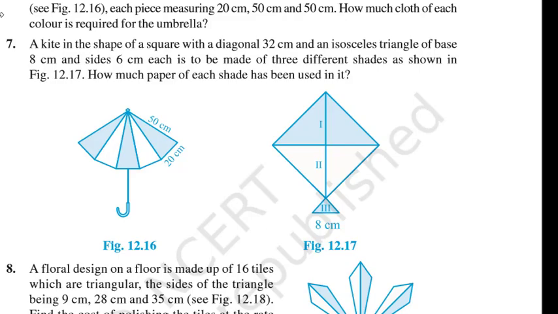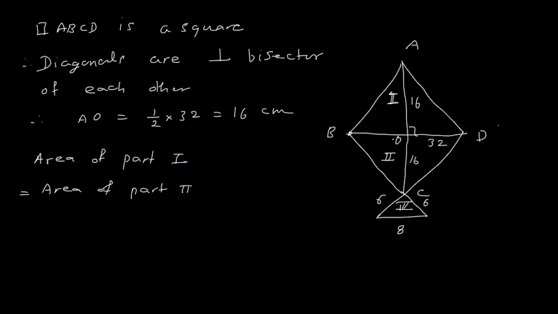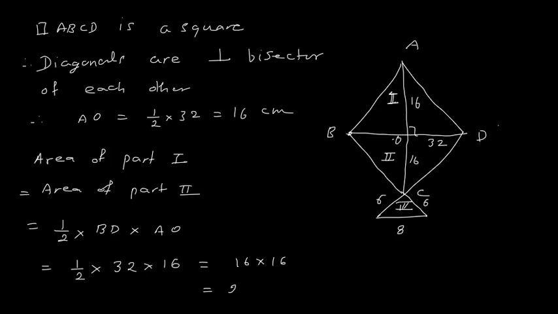So the area of shade 1 is equal to the area of shade 2, which is equal to half into base BD and height AO. So this will become half into base BD, which is 32, and height AO, which is 16. So 2 ones are 2, 2 sixes are 12. So 16 into 16 is 256 centimeter square. This is the area of part 1 and the area of part 2.